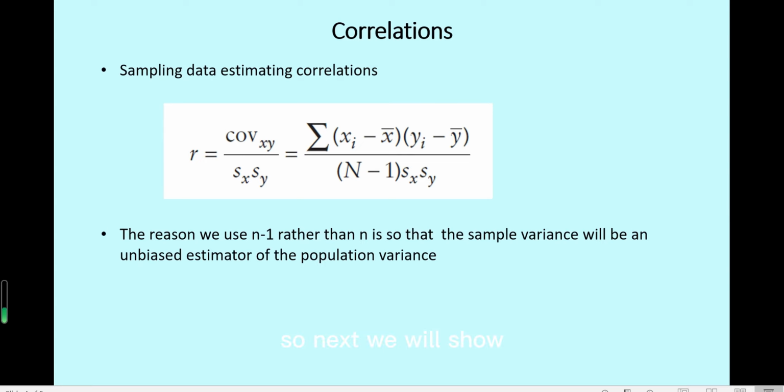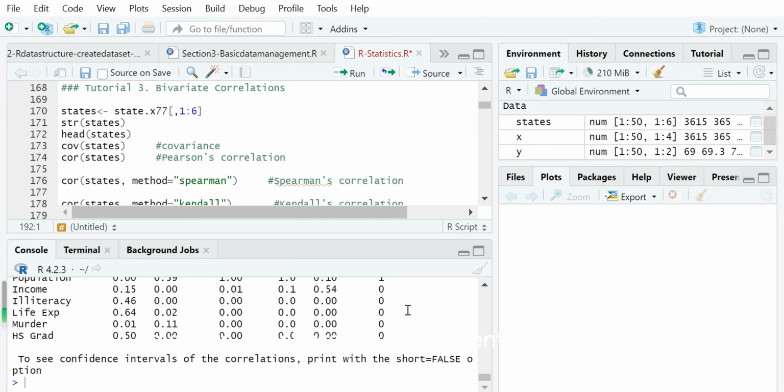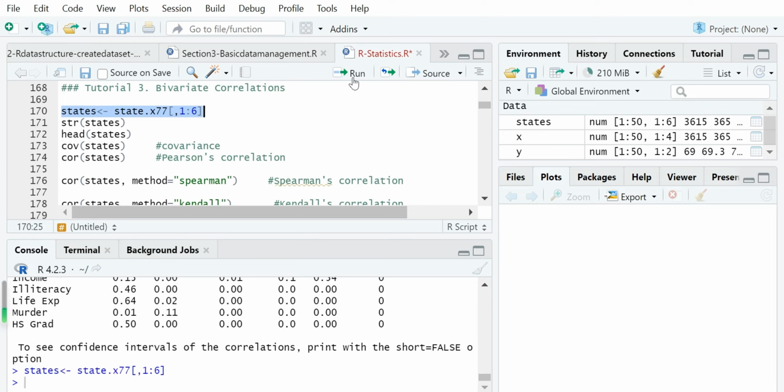Next we will show how to calculate the correlation coefficient in RStudio. First, we create a data frame called states, which comes from R's dataset called state.x77. We take the first 6 columns of this data frame and create a new data frame called states.